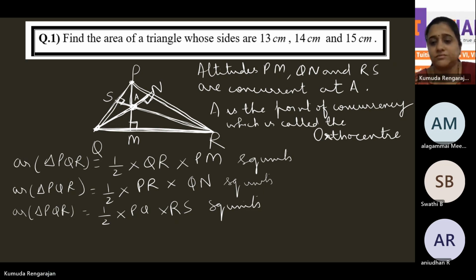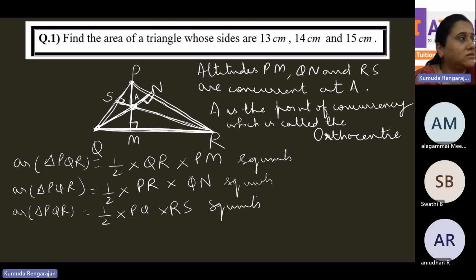The point of concurrency of the three altitudes of a triangle is called the orthocenter.